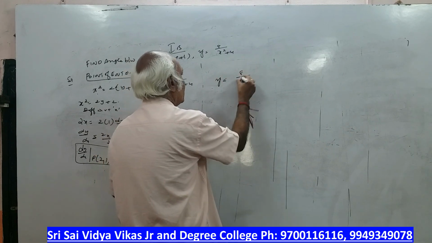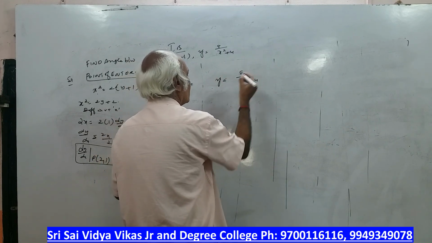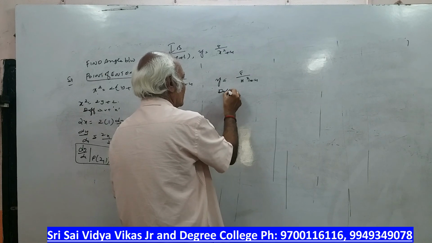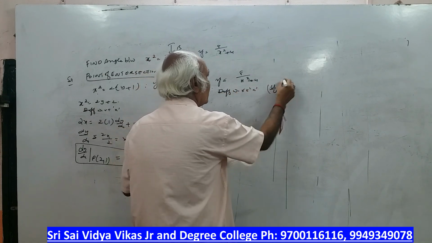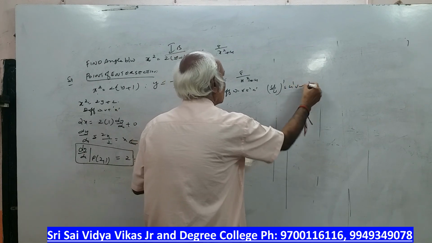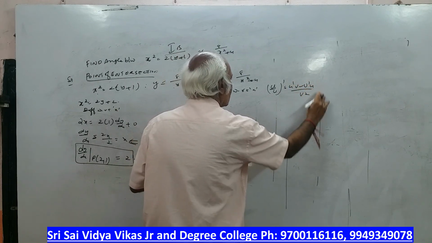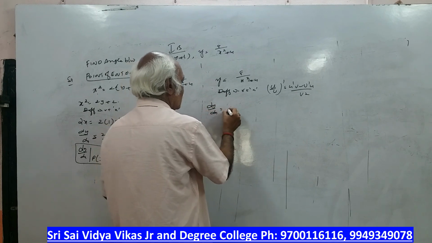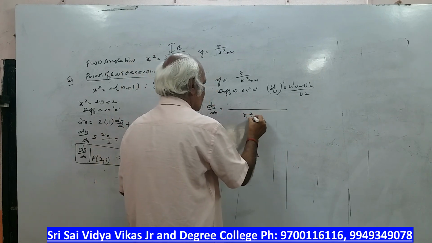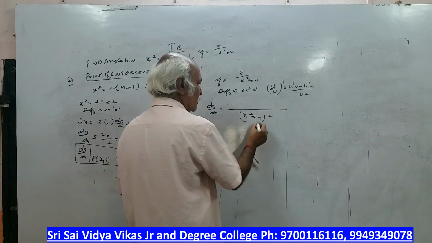y is equal to 8 by x square plus 4. Differentiate with respect to x. Which formula? The u by v formula, v square. So, x square plus 4 whole square.